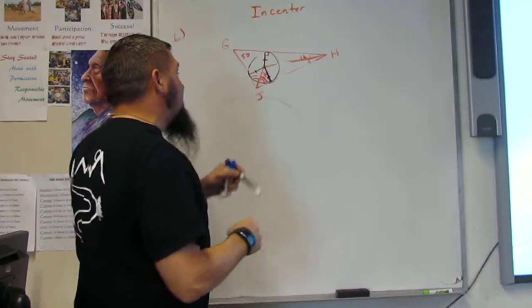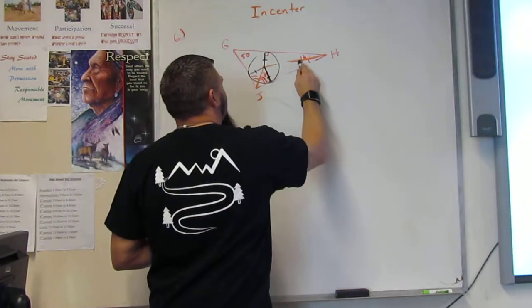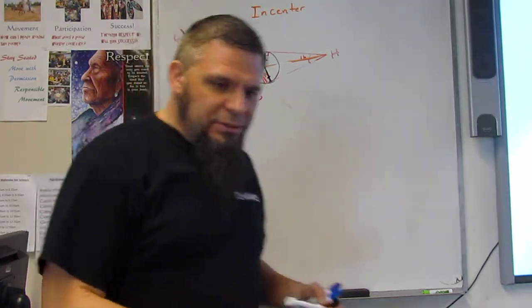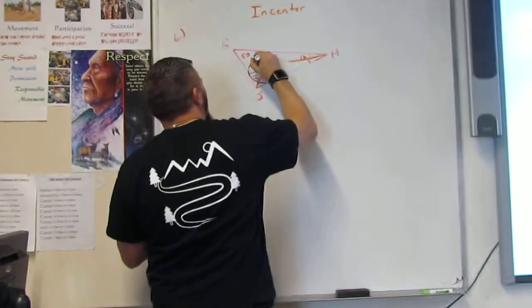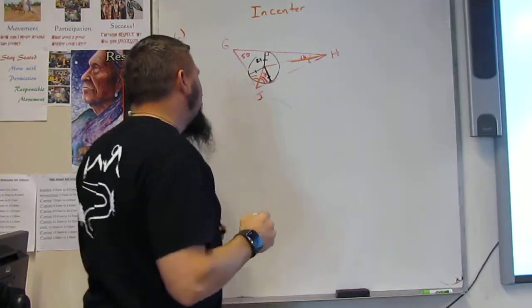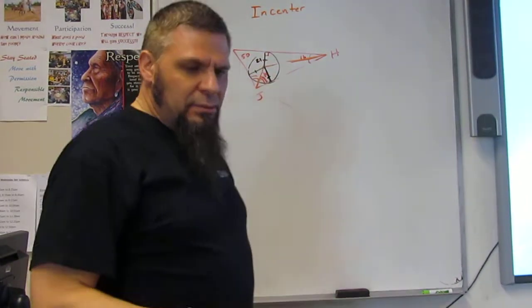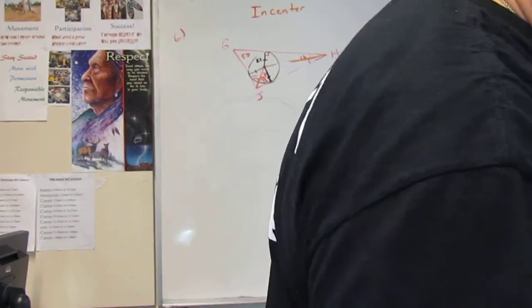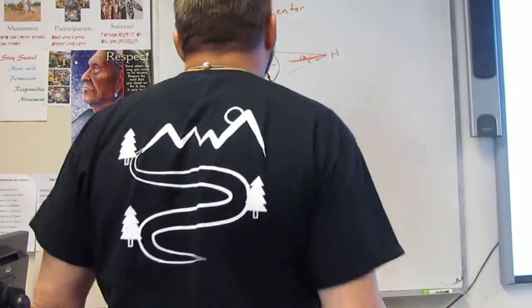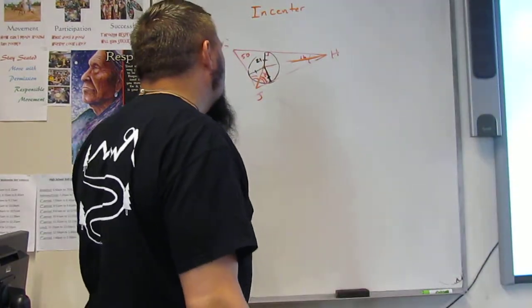But what it may ask me is, what's the other side to this? It gave me 50 and it gave me 21. And it asks me for the angle GJH.